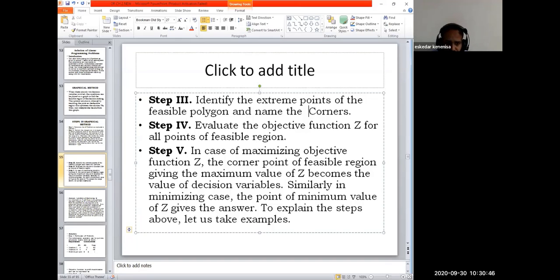Then step 5: in the case of maximizing the objective function z, the corner point of the feasible region that gives the maximum value of z gives the values of the decision variables. Similarly, in the minimizing case, the point with the minimum value of z gives the answer.